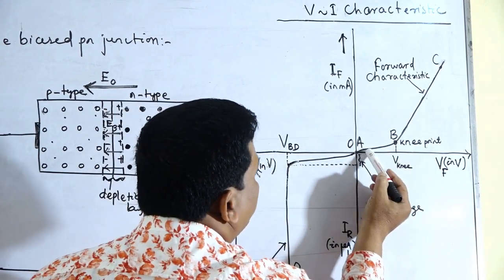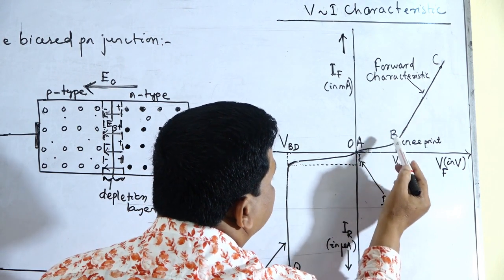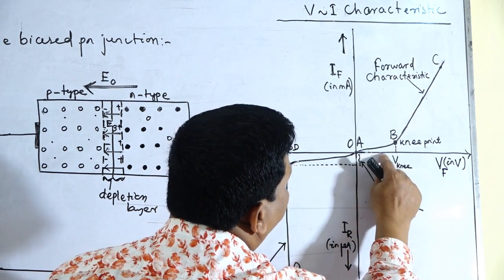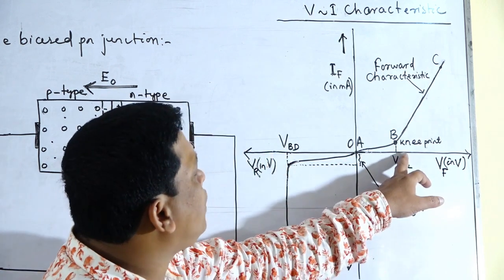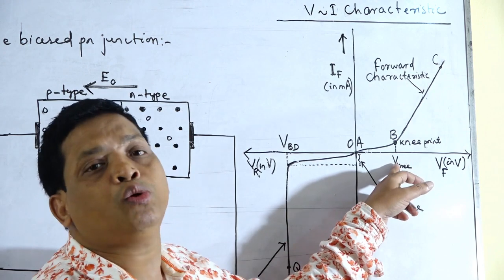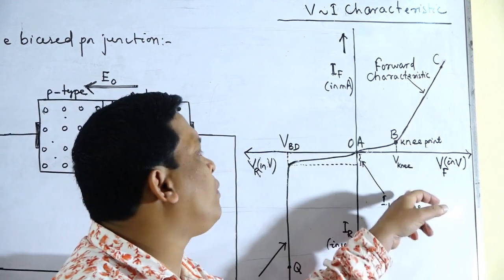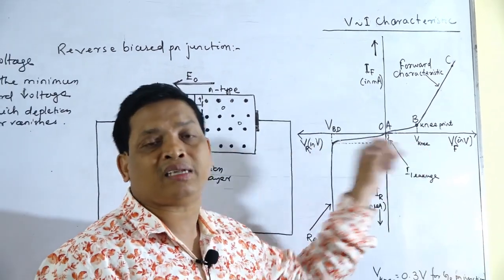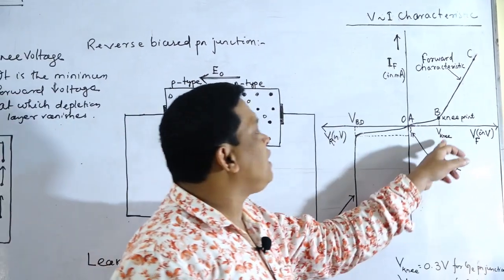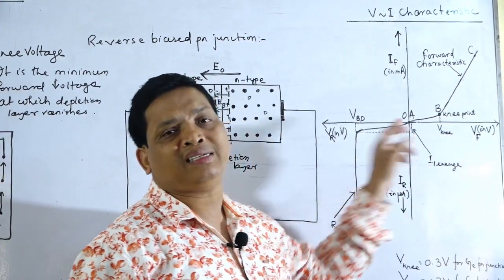With increase in voltage, initially the current does not increase because there is depletion layer up to here. But when applied voltage becomes equal to knee voltage, the minimum forward voltage at which depletion layer vanishes, at knee voltage the depletion layer vanishes.